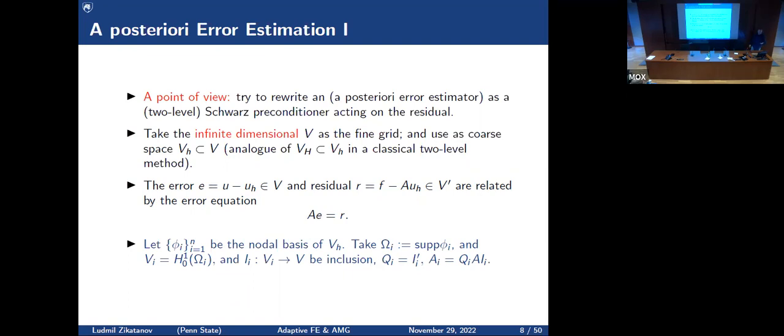Let's say we discretize with P1. I'm using this simple example. One can make it very complicated, but no, just P1, and we have a triangulation and one basis function per vertex, which is locally supported.